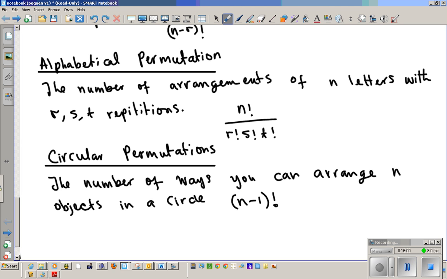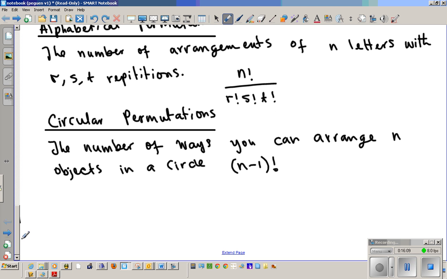The reason being that one of the objects has to stay fixed and all the others get rotated around that one. So n minus 1 factorial for circular permutation. So that's that for permutation.